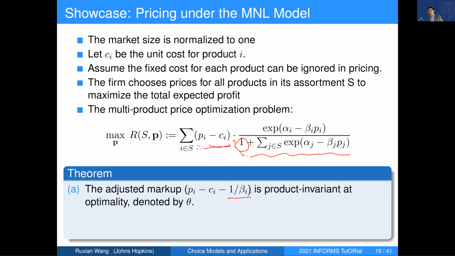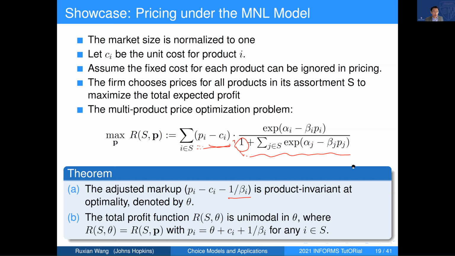We find this one, the adjusted markup is product invariant at optimality. That means this term is the same for all products in the offer set. We can denote this one as theta. And then we can find the total profit function is unimodal in theta.